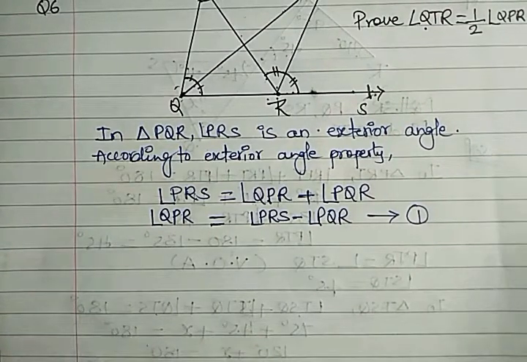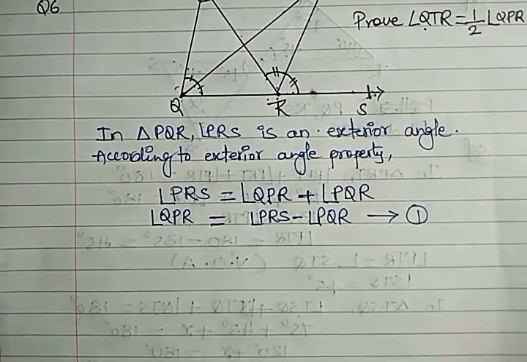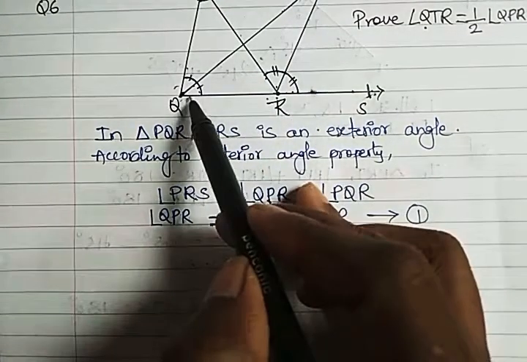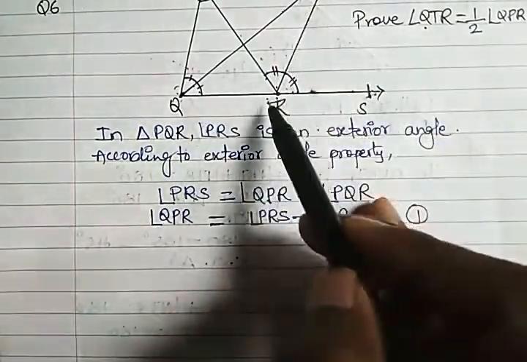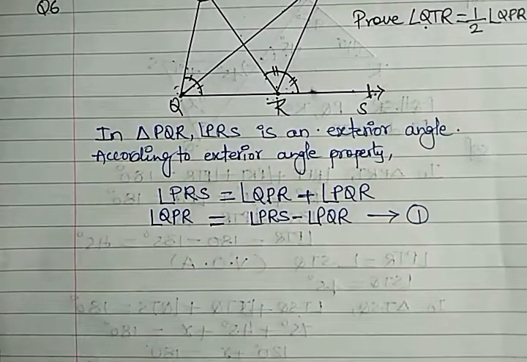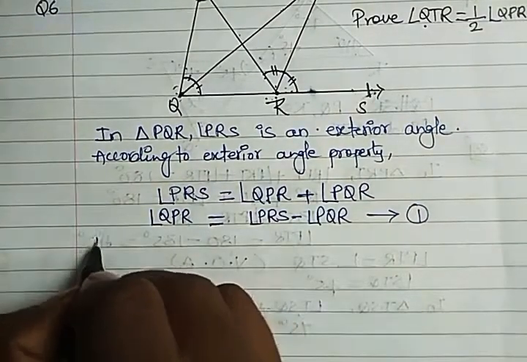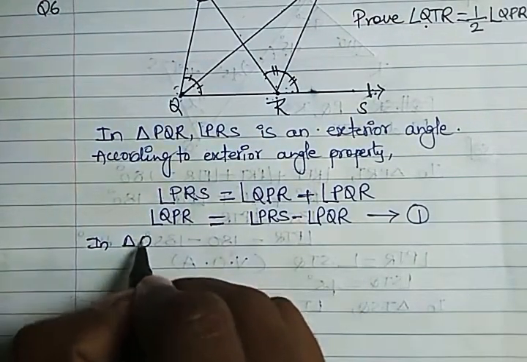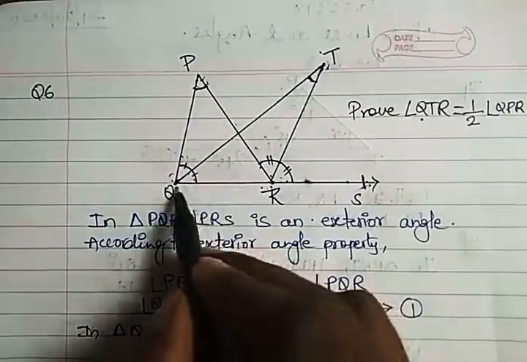Now another property here is about triangle QRT. Now take this triangle QRT. This triangle also has an exterior angle. Consider triangle QRT.